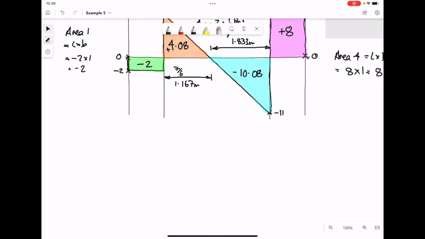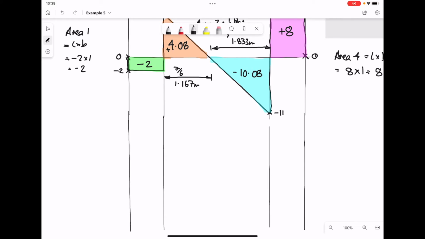I'm going to draw in some construction lines for the start, the end of the beam, and where the supports are, and also where the crossover point is on the shear force diagram. And I'm going to draw in a 0 line as well.